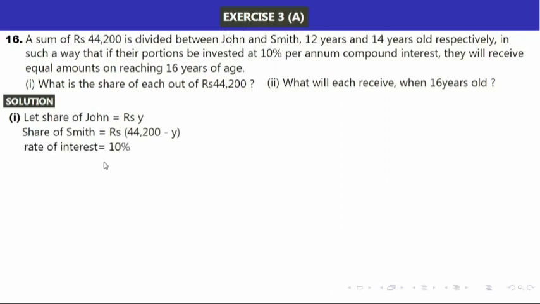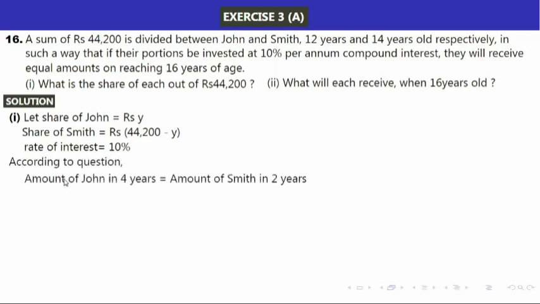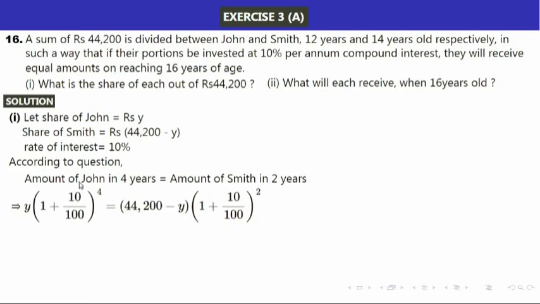The rate of interest is given to be 10%. According to the question, the amount of John in 4 years is equal to the amount of Smith in 2 years. For John, the principal is y into (1 + r/100) to the power n, with time 4 years, equals the amount for Smith.